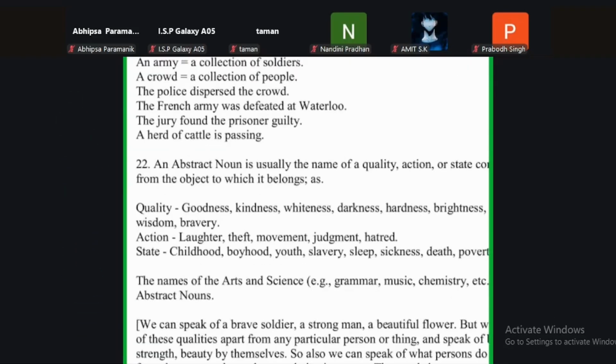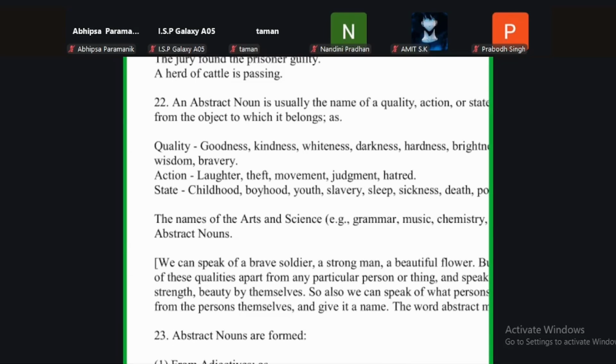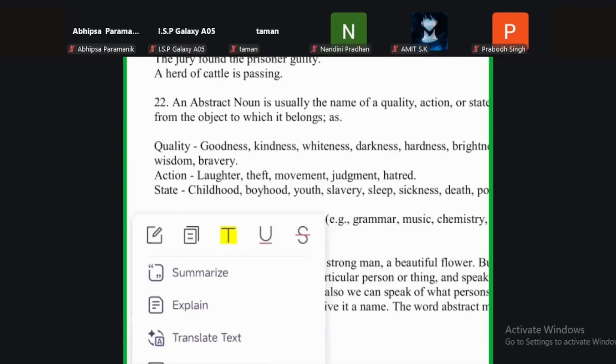So moving on to abstract now. Collective, I think more or less you have understood. Now let's move on to abstract. I think this is the trickiest of all the nouns.